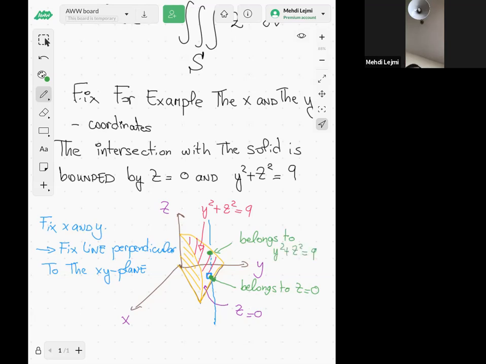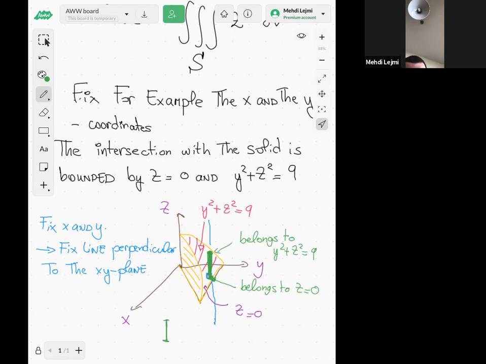So if I take this random blue line, perpendicular to the xy plane, then the intersection of this blue line with the solid would be this green segment, right? That's the intersection of your solid with your blue line.